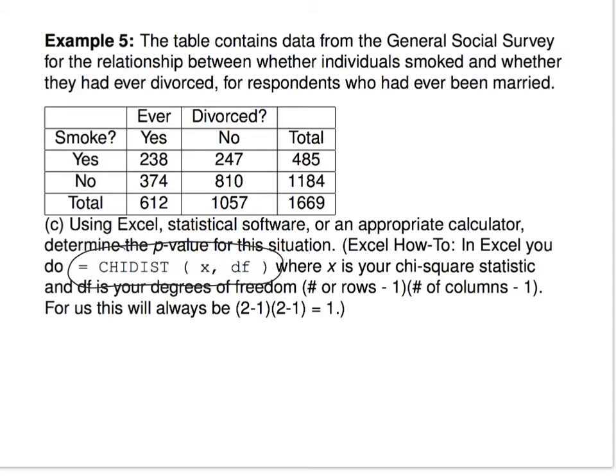For the x value, you put your chi-square statistic. And this df is a variable that we will use more later on. For now, it's equal to 1. It changes in different situations, so that's how we would account for having more than 2 columns, for example.